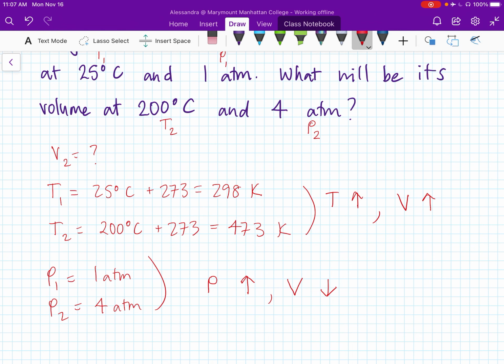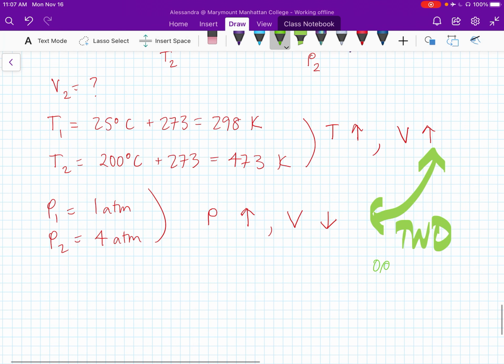As pressure is increasing, that gas is going to be squeezed to occupy a smaller volume. So look what's happening here. I have two opposing forces here. So I have to do the math to figure out which one is going to dominate.